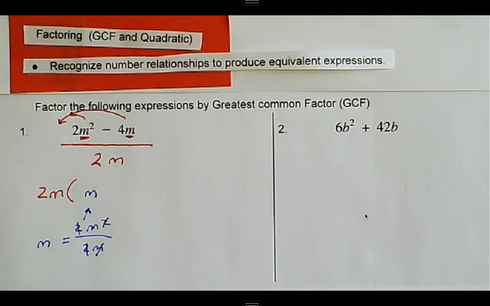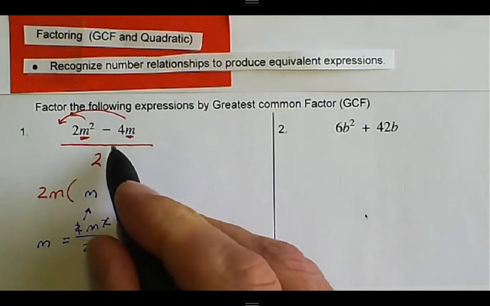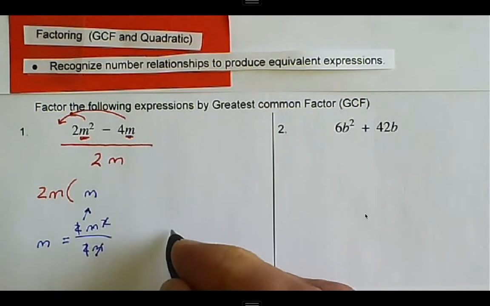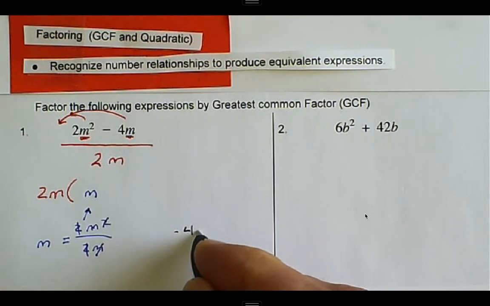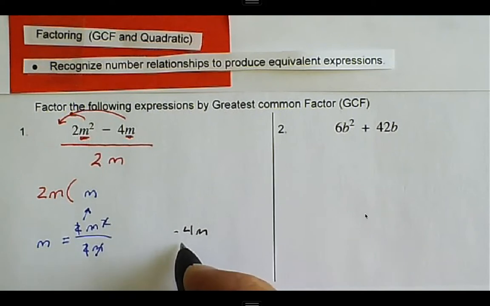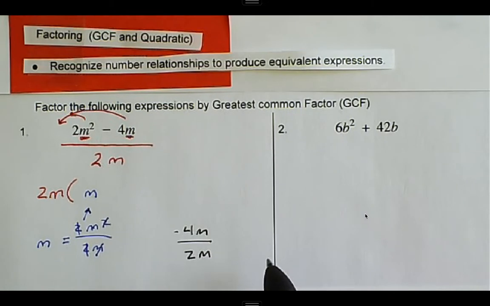And then we have our second term, which is -4m. And we're still going to divide this one by 2m because that's what we factored out. So the 2 cancels into the -4, but we're still going to be left with -2. -4 divided by 2 is -2.